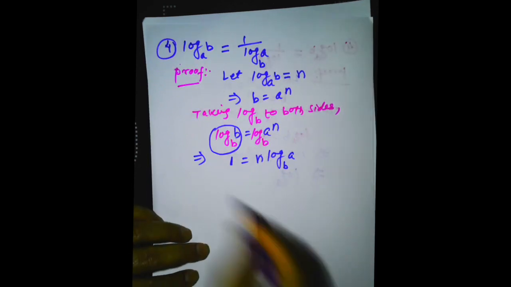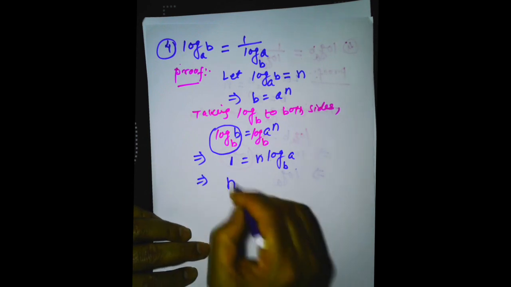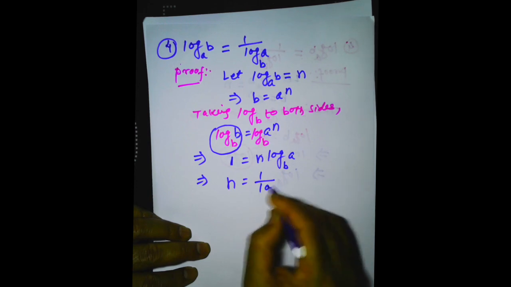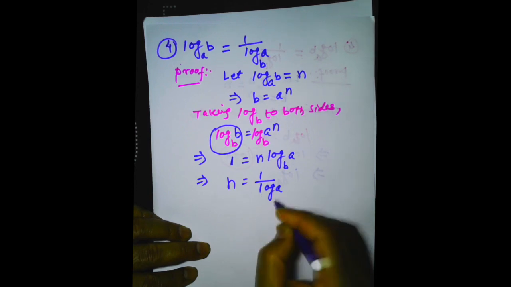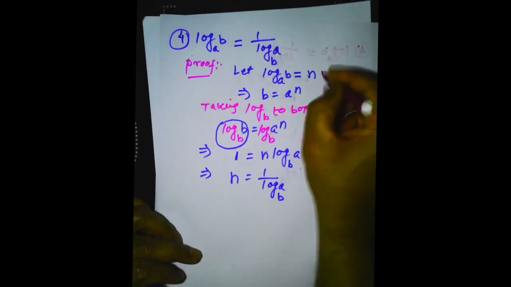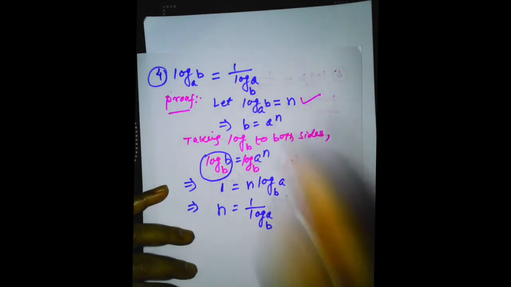So in that case what you can see is n is going to be 1 divided by log of a to base b, and n you have already supposed as log a for the number b.